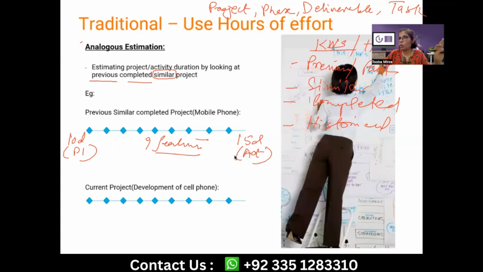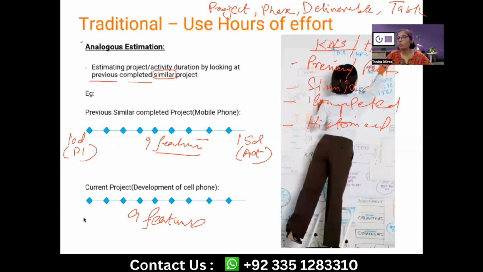Okay? You have all these details available from the past completed project, which you are referring to for the current project's planning. So if you have a very similar scope of work, maybe for a different customer with a different set of stakeholders, the similar kind of 9 features. By the way, analogous estimation is a very common technique. This is not theoretical at all.